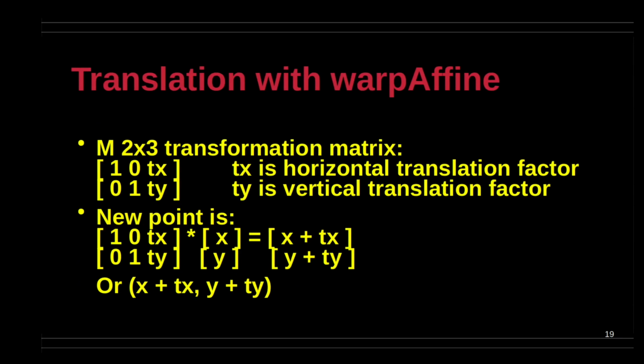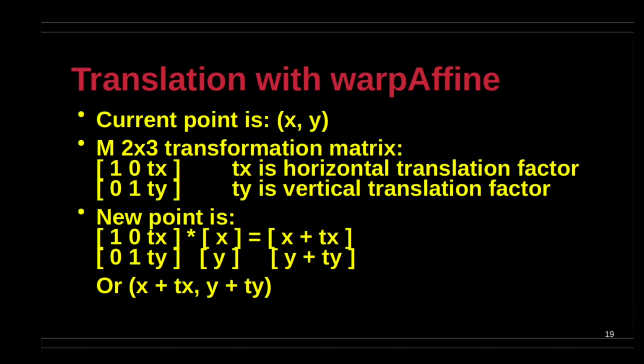An affine transformation is a linear transformation followed by a translation. If the linear transformation is a unit matrix, then the transformation will be a basic translation operation. Let the original point be represented by a vector xy.